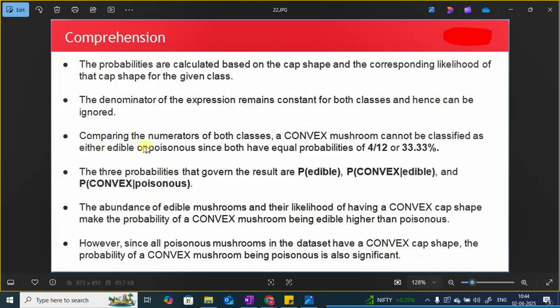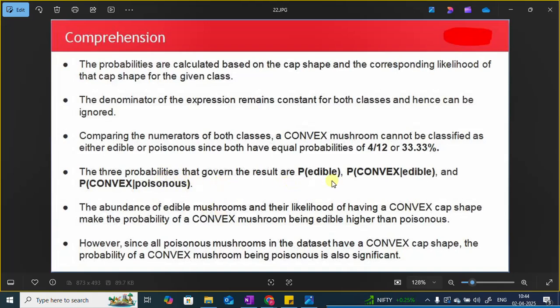Comparing the numerator of both classes, a convex mushroom cannot be classified as either edible or poisonous since both have equal probability. That is 4 by 12, because as I told you, 4 out of a total of 12 records. So 4 by 12 is nothing but 33.33%.